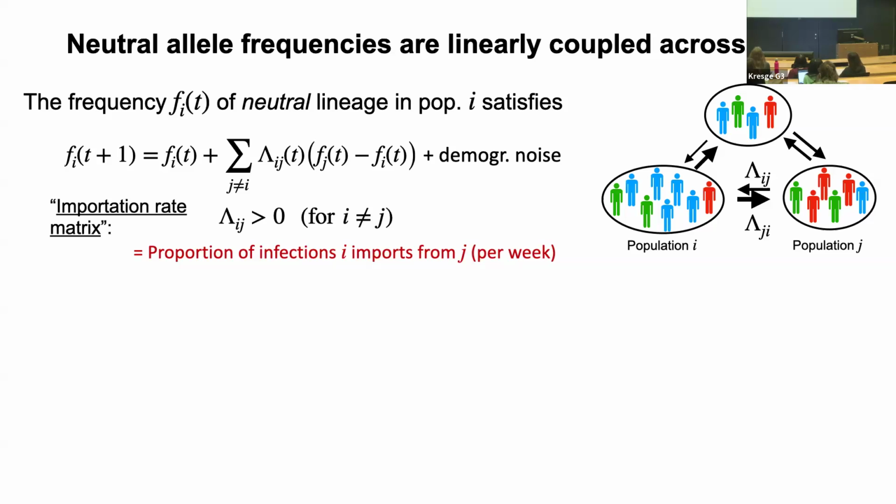And that's why these differences come in. And then the rest is a matrix that we write down. We call it the importation rate matrix because that's what it really means. It is the proportion of infections that region i imports from region j.